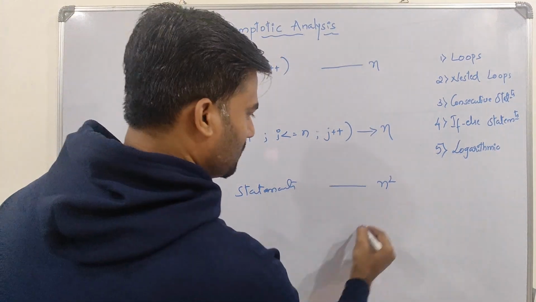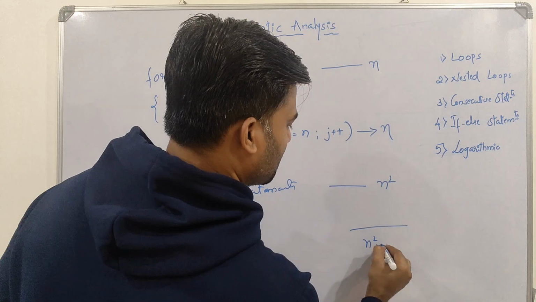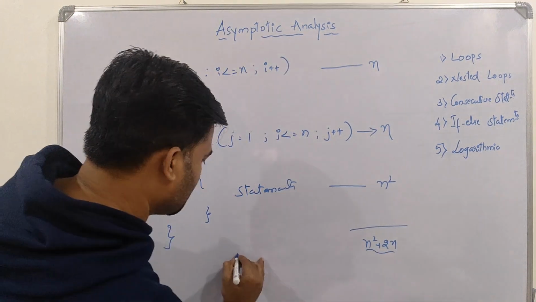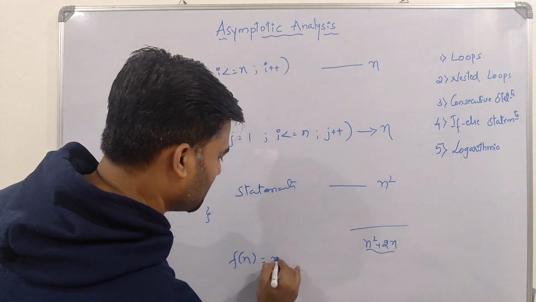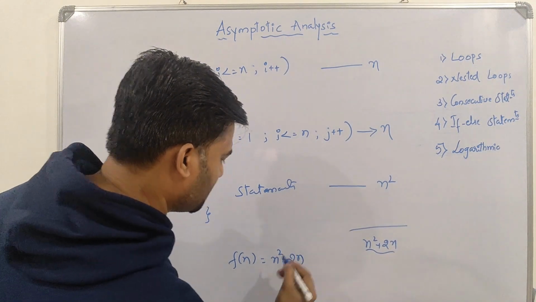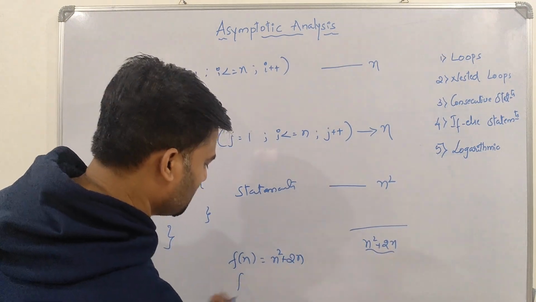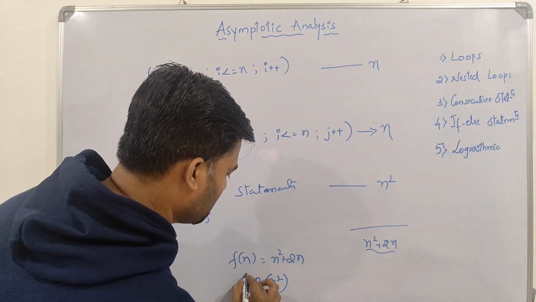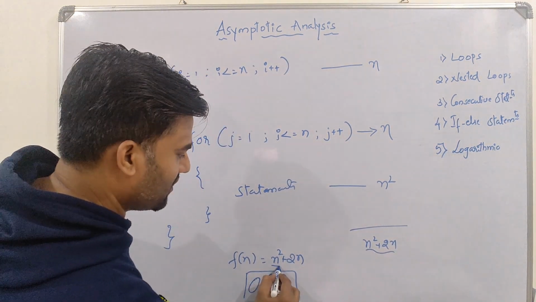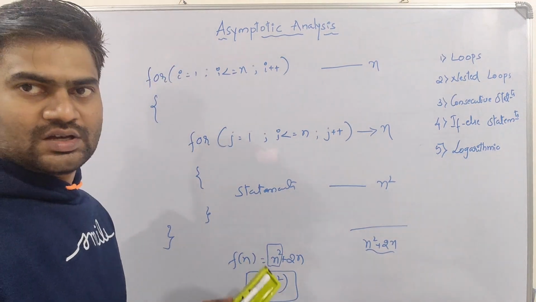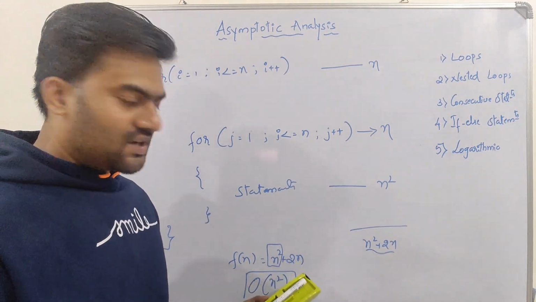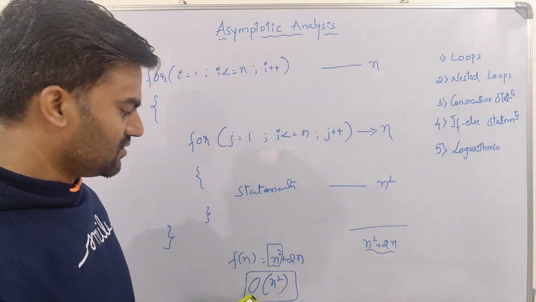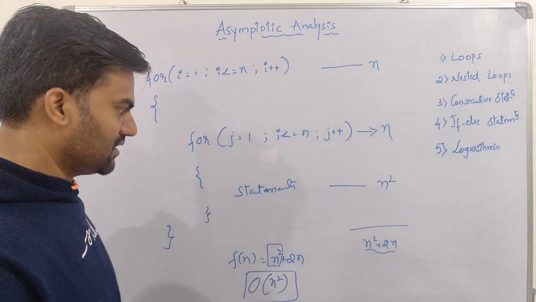So overall it is n square plus 2n. We can simply write f of n equal to n square plus 2n, that is nothing but order of n square. Why? Because we only consider the maximum contributing term in this polynomial equation, that is n square here.